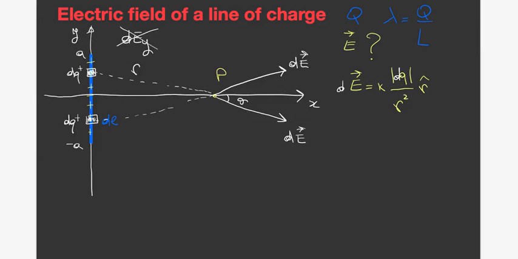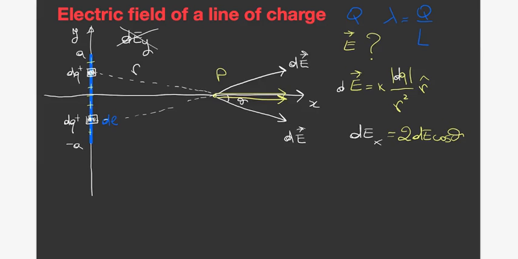So we are left with overall a dE that will be pointing along the x direction. And in particular, if you look at the component of the vector dE above the x-axis and the vector dE below the x-axis, you see that you have a double dE times the cosine of the angle theta.